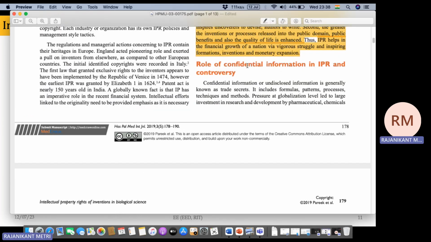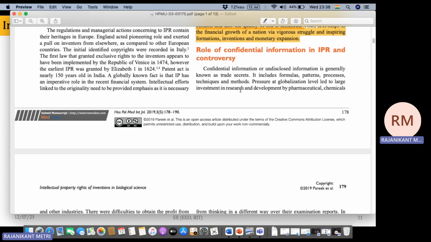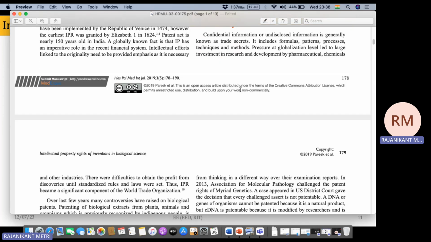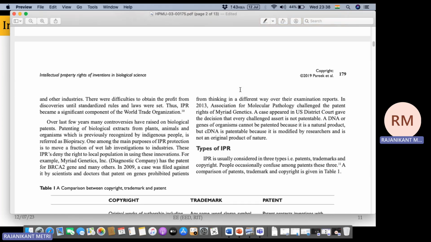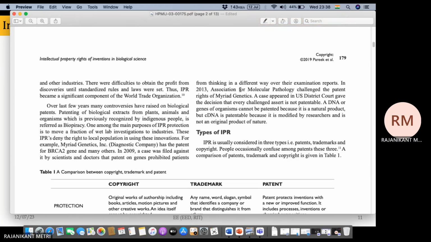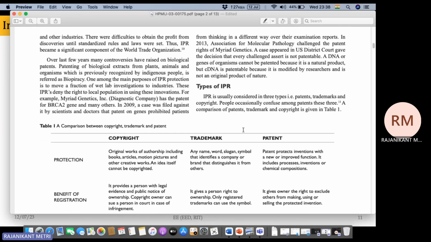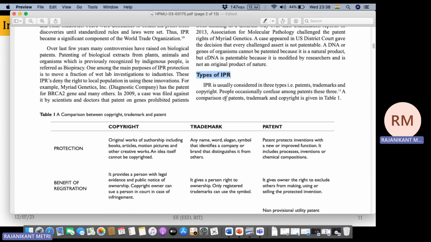Now, the role of confidential information in IPR and controversy is important, because before a patent is granted, if the information is leaked, then it is difficult to get the patent granted. That is discussed by the authors here, and then what are the types of IPR?